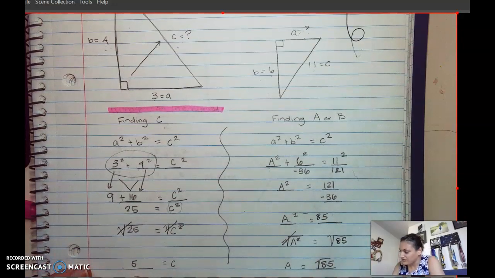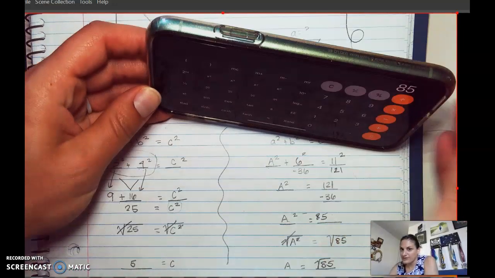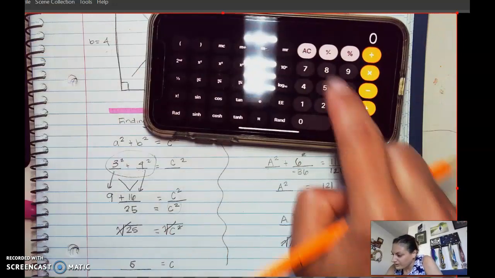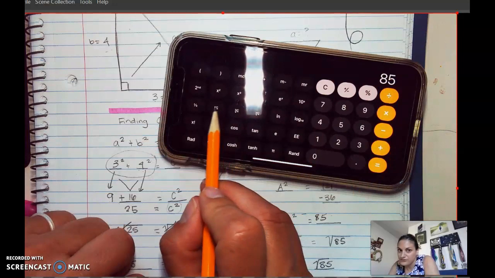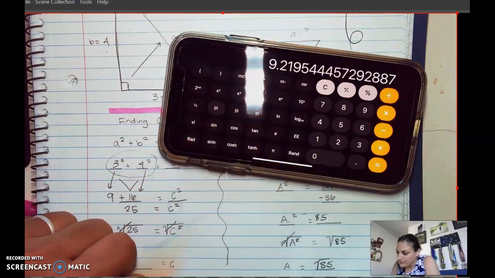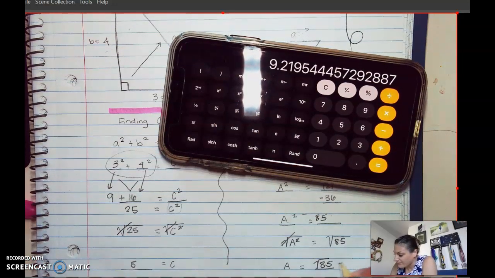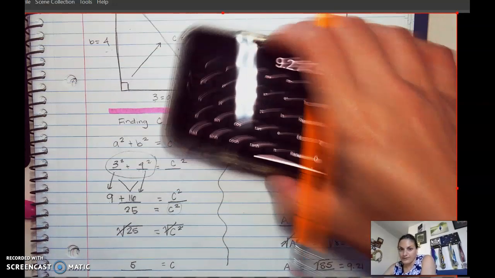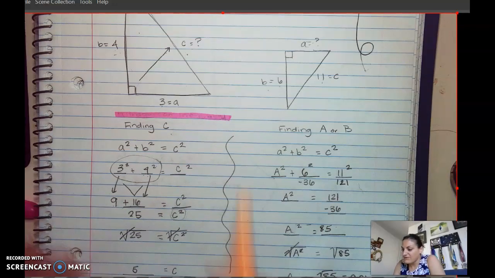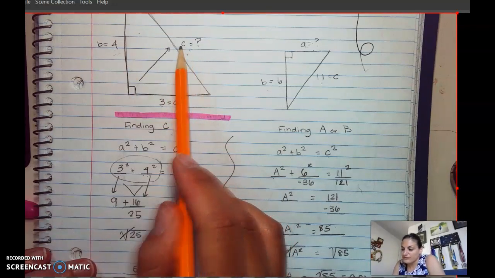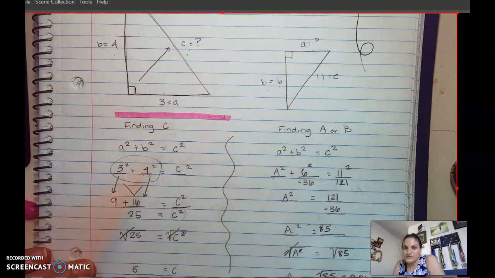You can also get on your calculator, flip it, click in 85, and hit the square root button. That's 2 with that little mark next to it, and it's about 9.21. That is how you figure out any of the sides of a right triangle, as long as you are given 2 of them.